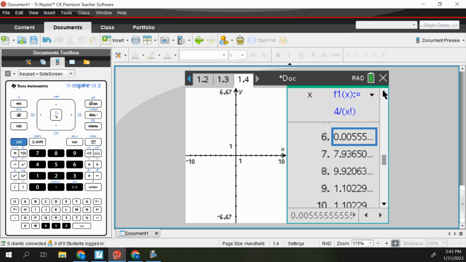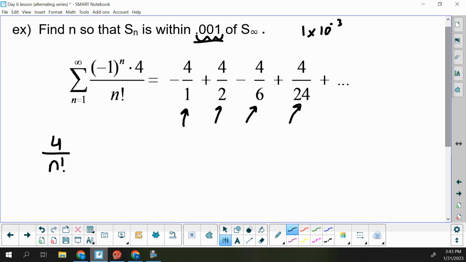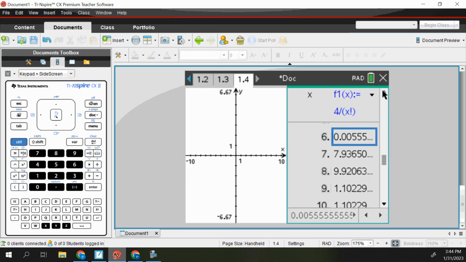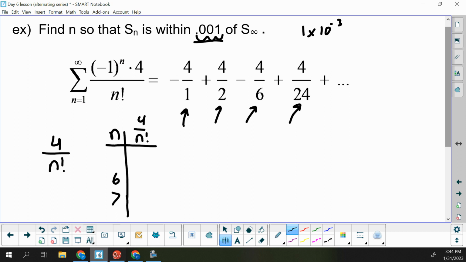So how we show this for our work is we would show a little t-table. We would have n and we'd have 4/n factorial. And you've got to show at least 2 values. So I'm going to show 6 and 7. At 6, we had 0.0055 dot dot dot.